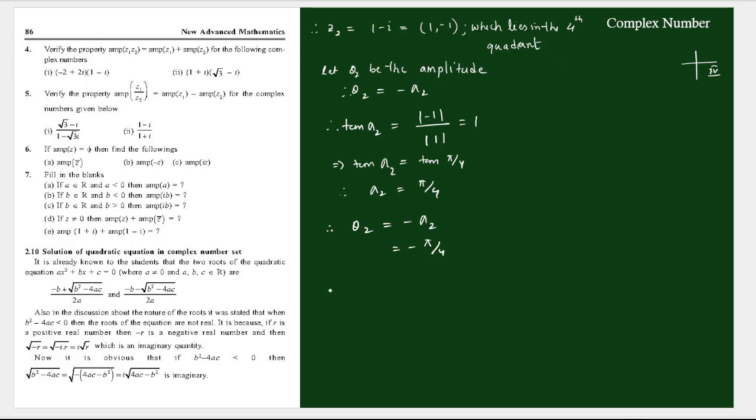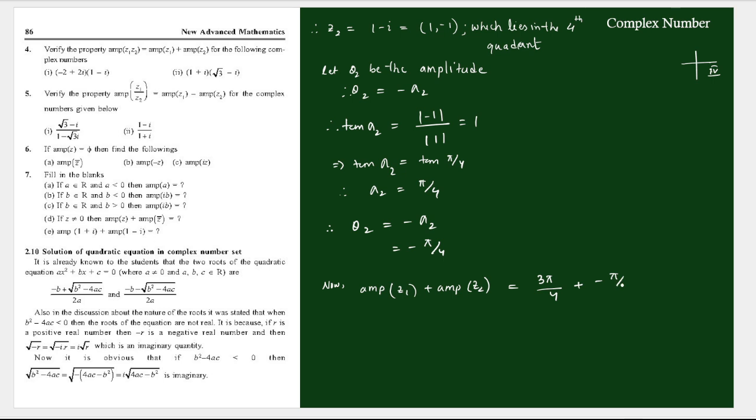चल, now left hand side निकालना है यदि, now amplitude of z1 plus amplitude of z2 equal, amplitude of z1 कितना है? 3 pi by 4, प्लस amplitude of z2 कितना है?